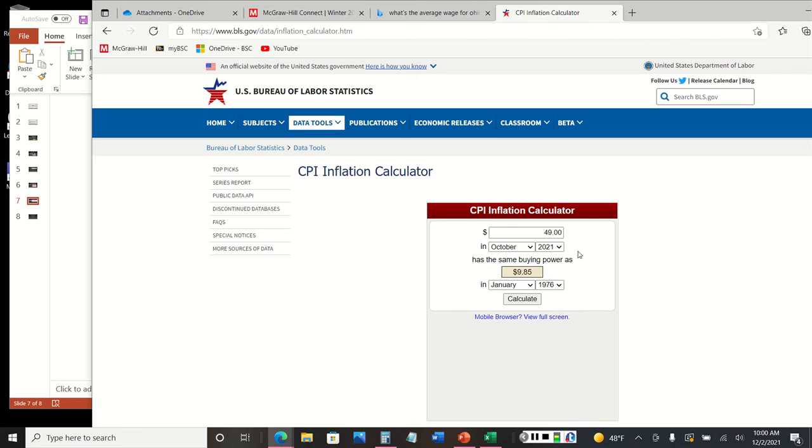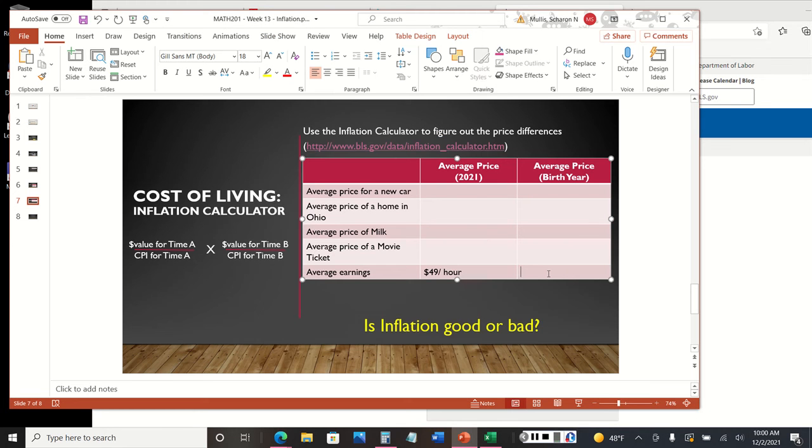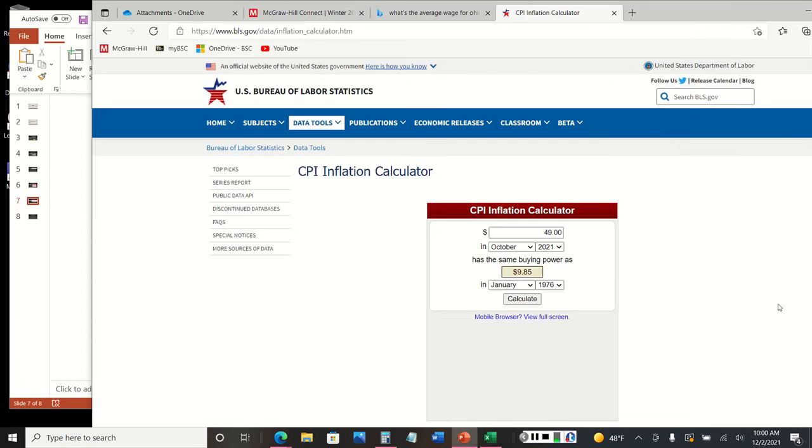So for October 2021, if you were making $49 an hour, that would have the same buying power back in January 1976 of $9.85. So back in 1976, if you made $9.85, is it 85? Yep.